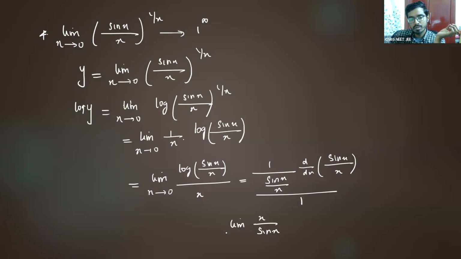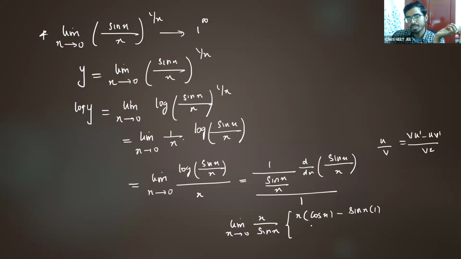So here we have limit x tending to 0. And d by dx of this, we need to apply quotient rule. So u by v. V into u dash minus u into v dash divided by v square. So let's keep x as it is. Sin x derivative is cos x minus, let's keep sin x as it is. Derivative of x is 1 whole divided by x square.